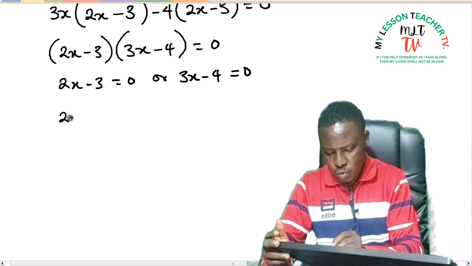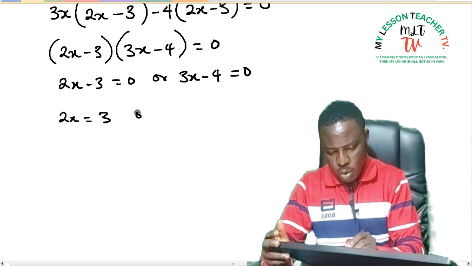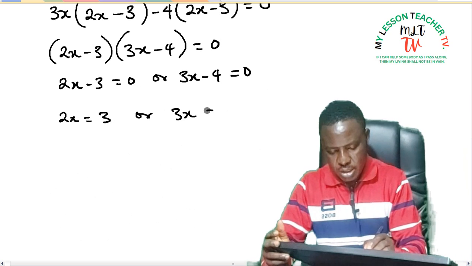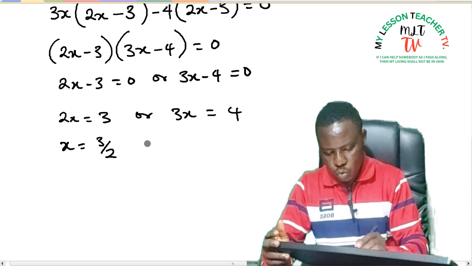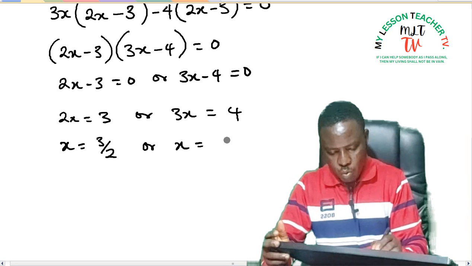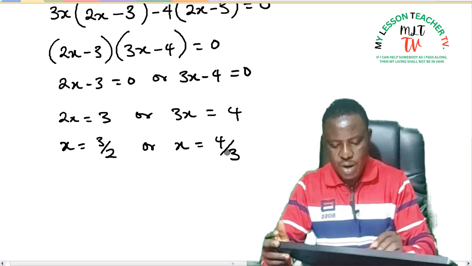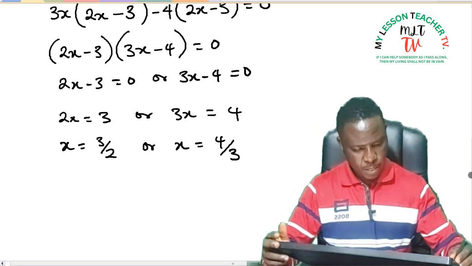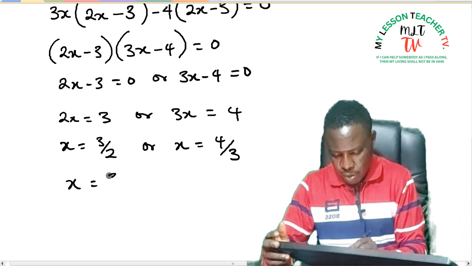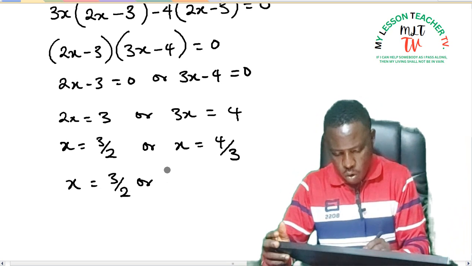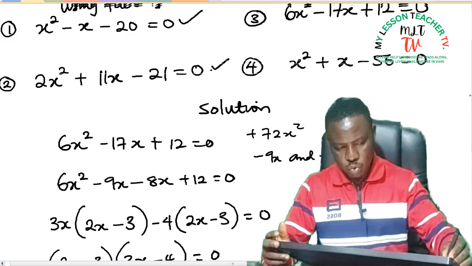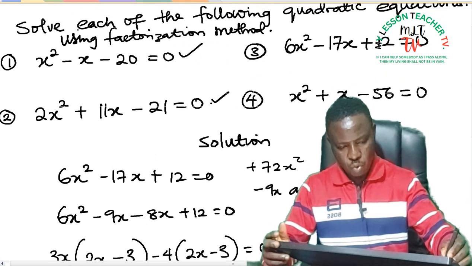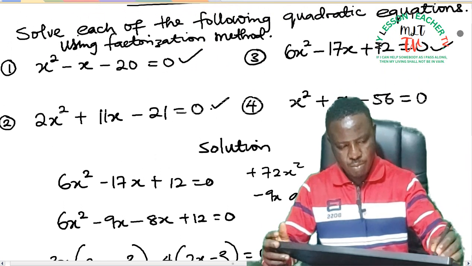When you simplify it further, you have 2x is equal to 3, or 3x is equal to 4. x is equal to 3 over 2 when you divide both sides by 2, or x is equal to 4 over 3 when you divide both sides by 3. So x is equal to 3 over 2 or 4 over 3. So this is the solution to this quadratic equation using factorization method.